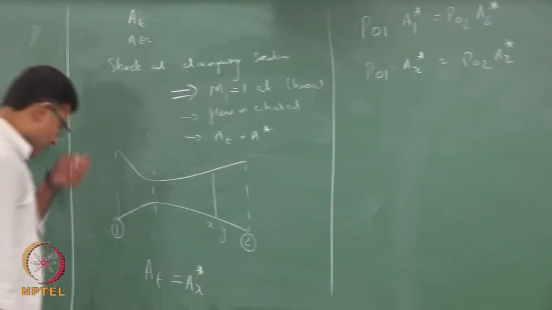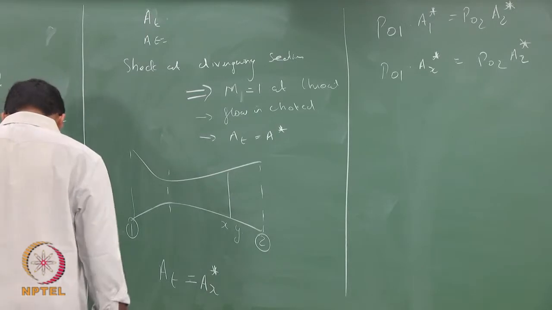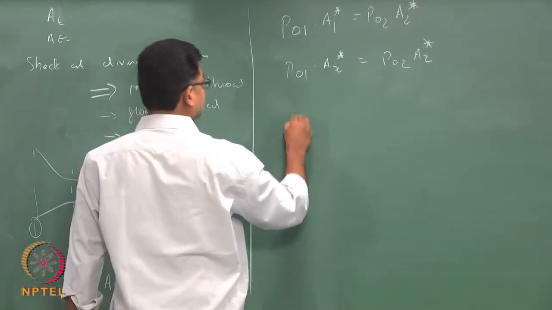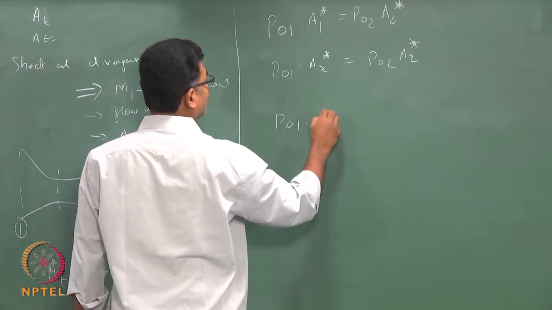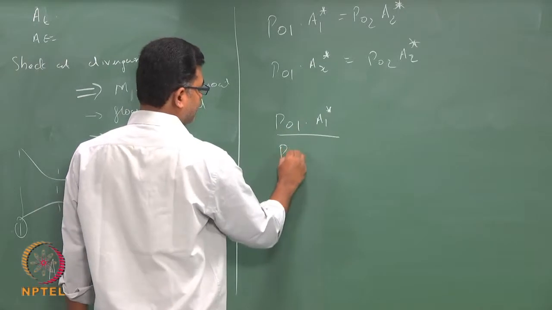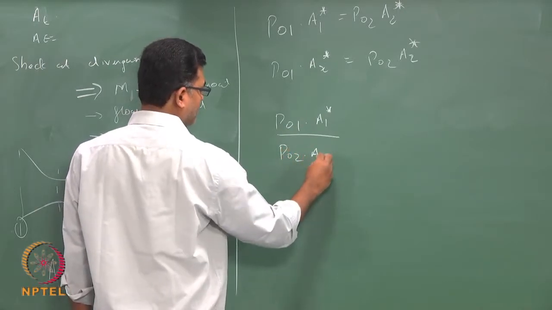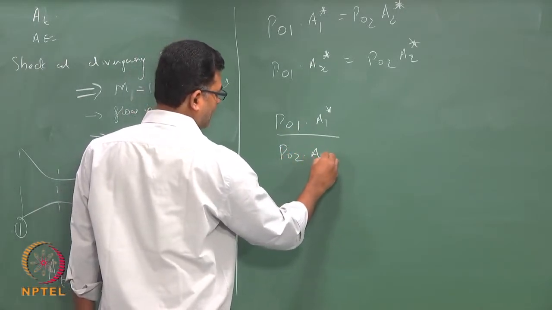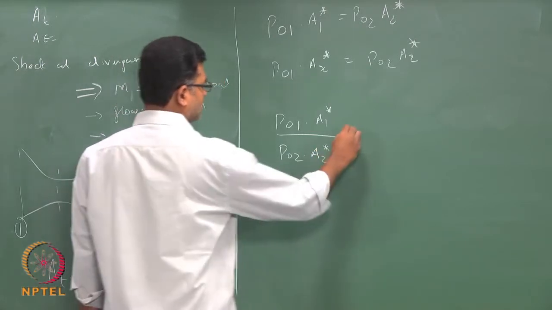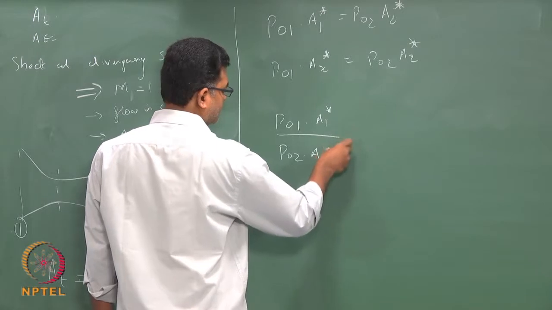Okay. So, if I want to find this, I divide by P02 into A2 star, or let us take it as A2.